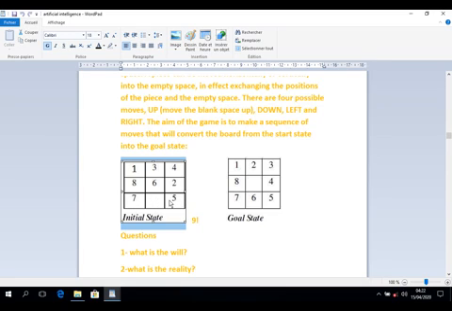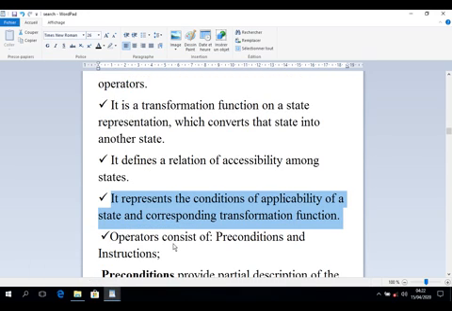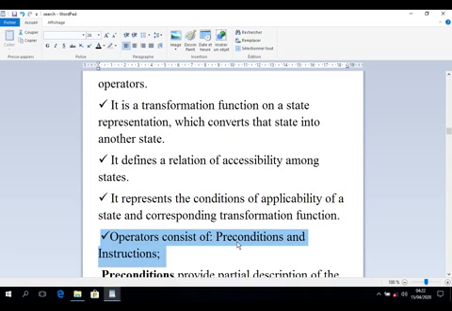It represents the conditions of applicability of a state and the corresponding transformation function. So here, when the empty space is at this position, there are only 3 operators that can be used.